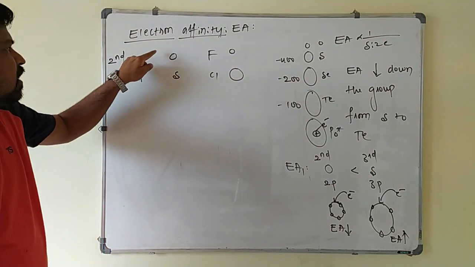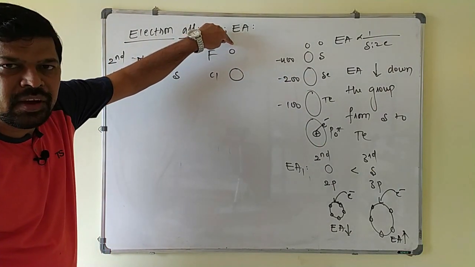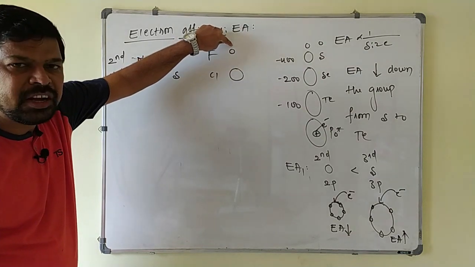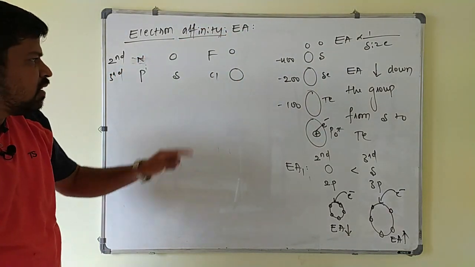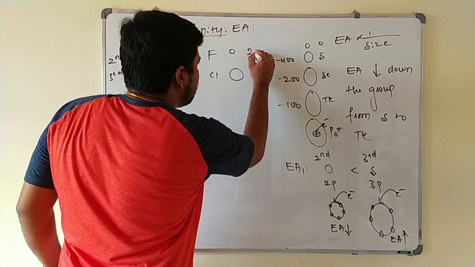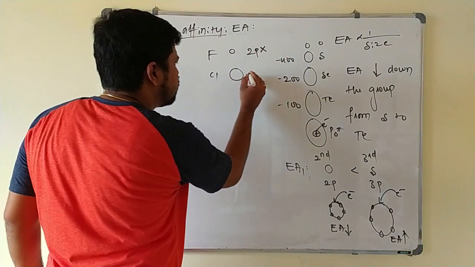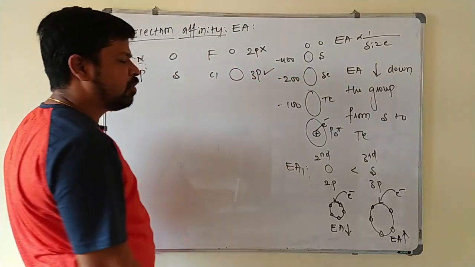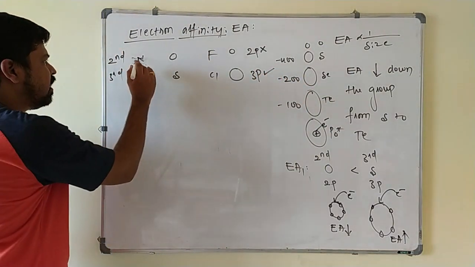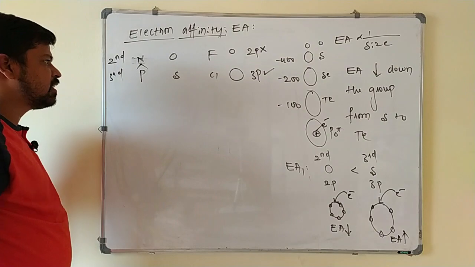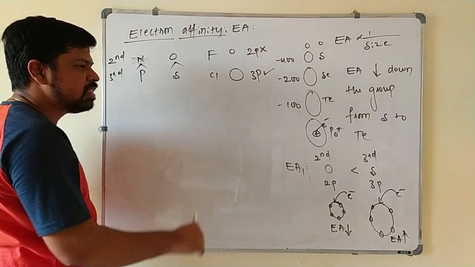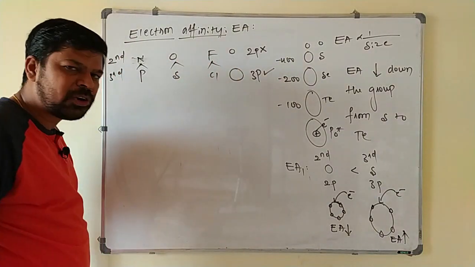Because of this, these atoms should have the highest electron affinity value, but they have less electron affinity value as compared to the others. The reason is the smaller 2p orbital makes addition of an electron difficult, but in the larger 3p orbital, electrons can be easily added. That's why the electron affinity value of nitrogen is less than phosphorus, oxygen is less than sulfur, and fluorine is less than chlorine here.